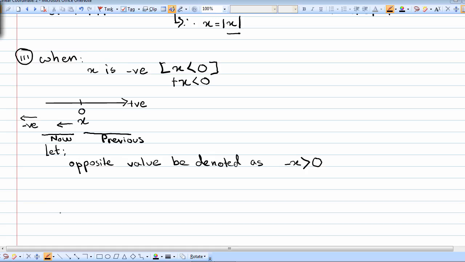Now let me draw another number line and make this clear, because you might be considering this to be minus x less than 0, but that's not the case. Let me set the origin, and this side will be positive. Now what happens if we try to apply minus 2 in here, and this is minus 1?